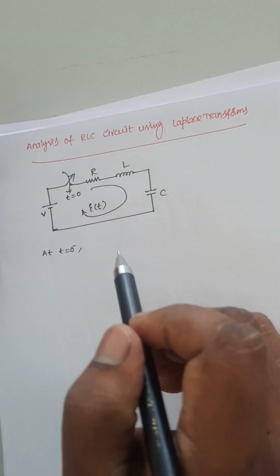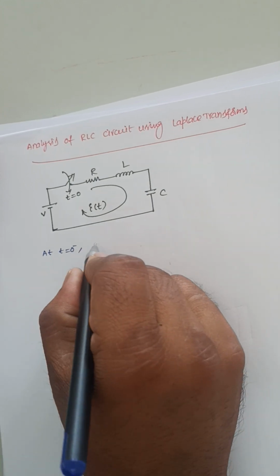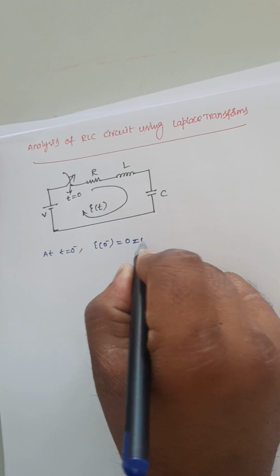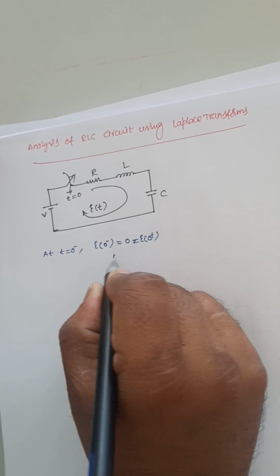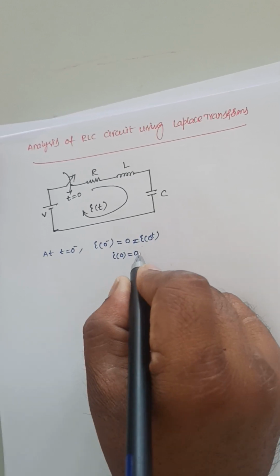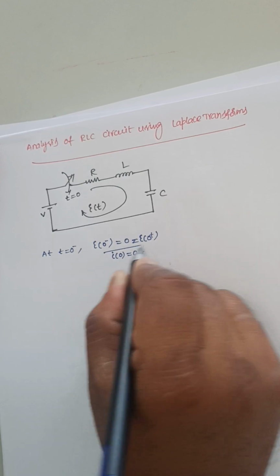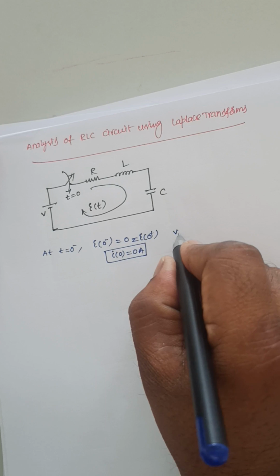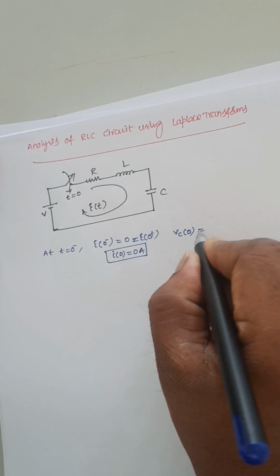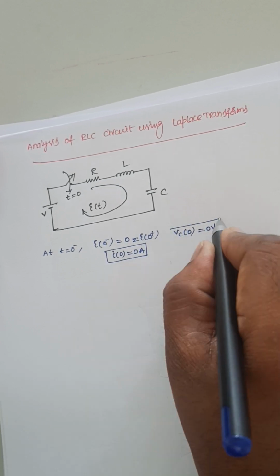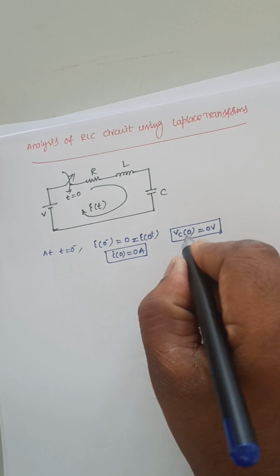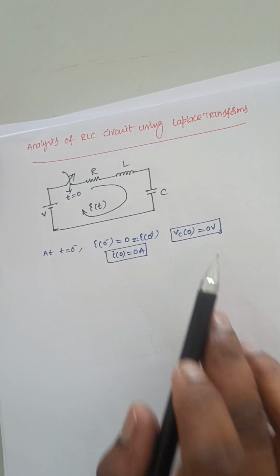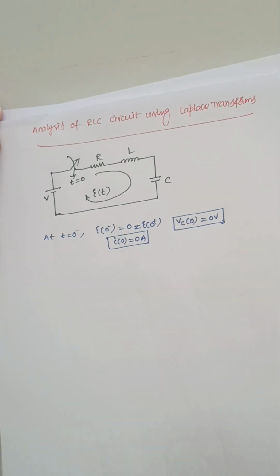No supply is connected to this RLC circuit. So the current flowing through this inductor is 0, that is I of 0 minus is equal to I of 0 plus is equal to I of 0 is equal to 0 amperes. And the voltage across the capacitance Vc of 0 minus is equal to Vc of 0 plus is equal to Vc of 0 is equal to 0 volts.